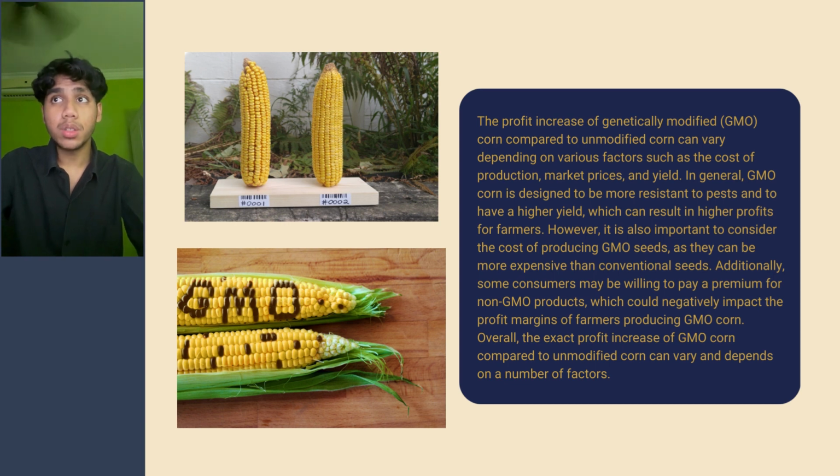However, it is also important to consider the cost of producing genetically modified seeds, as they can be more expensive than conventional seeds. Additionally, some consumers may be willing to pay a premium for non-genetically modified products, which could negatively impact the profit margins of farmers producing genetically modified corn.